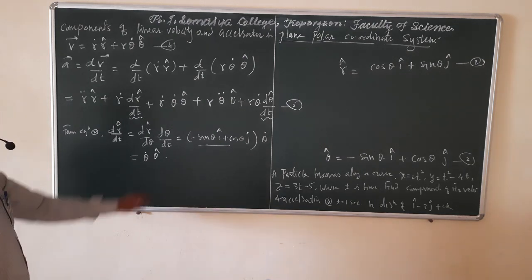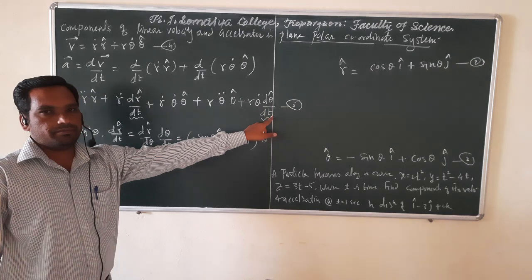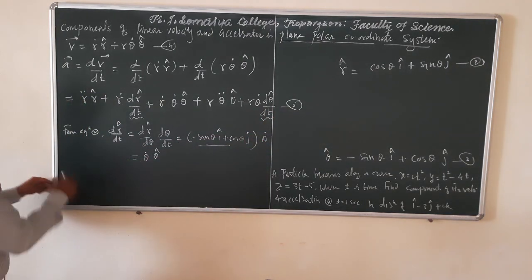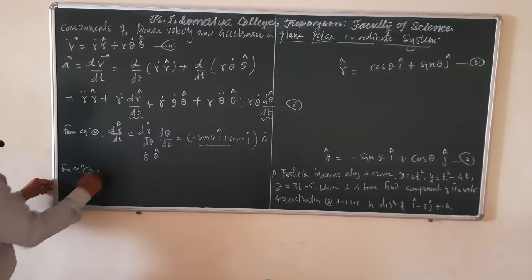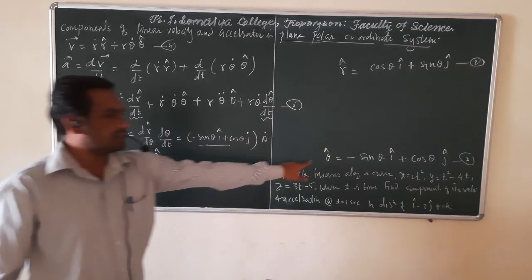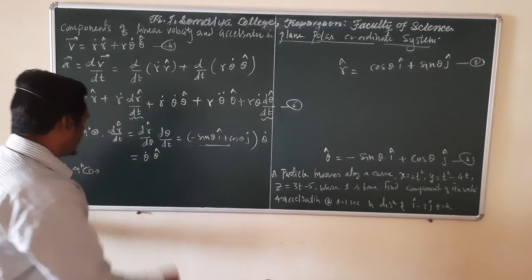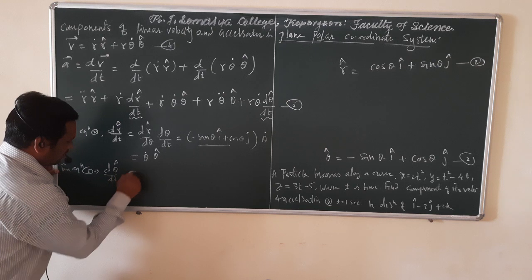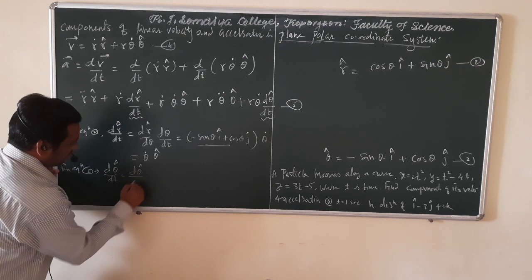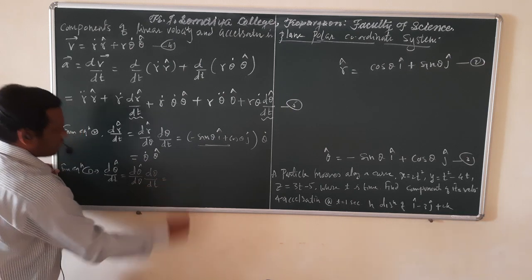Okay. Similarly, we have to take the derivative of theta cap with respect to time. Now, from equation 3, if you take the derivative of theta cap with respect to time, it is nothing but the derivative of theta cap with respect to theta and the derivative of theta with respect to time.